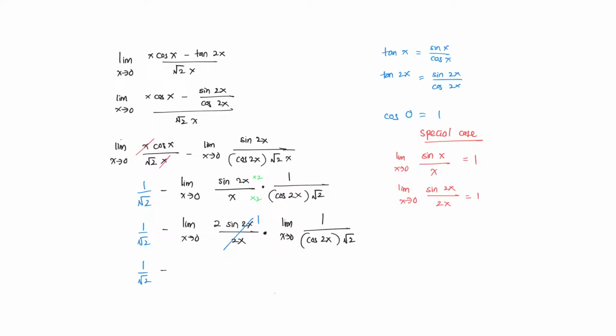So now you have the limit as x approaches 0 of 2, multiplied by the limit as x approaches 0 of 1 over cos 2x multiplied by sec 2.